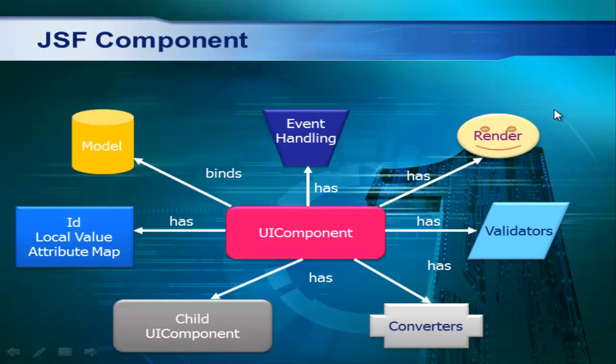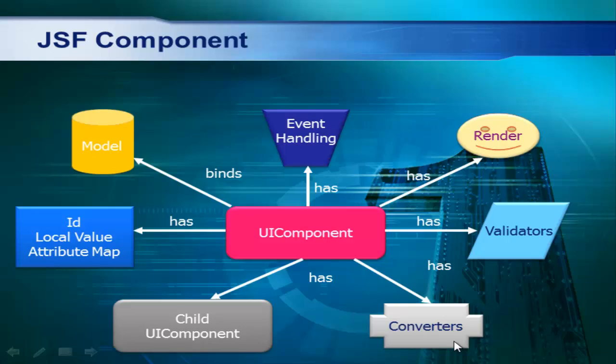For example, you may have a list box that is presented like a list, one after the other, or it can be presented as a combo box. I hope you are familiar with the drop down box or a combo box. So you are rendering it into a different format, and that is the renderer's work. And whatever value the user is typing has to be converted. The text value has to be converted into an appropriate model type.